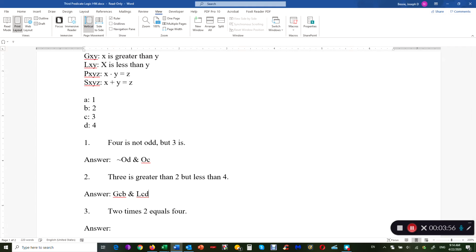Okay, 2 times 2 equals 4. So the product of 2 and 2 equals 4. You know that, so what you want to say is B times B equals D, because B stands for 2, D stands for 4.